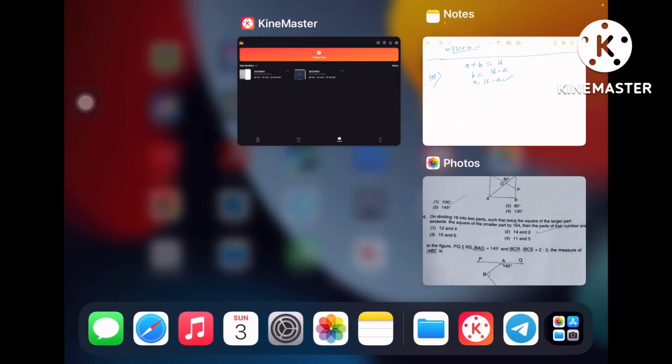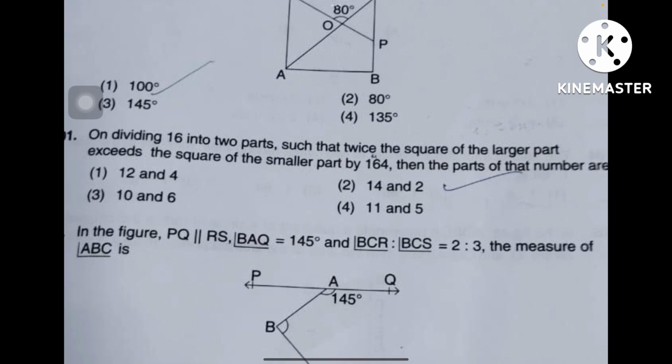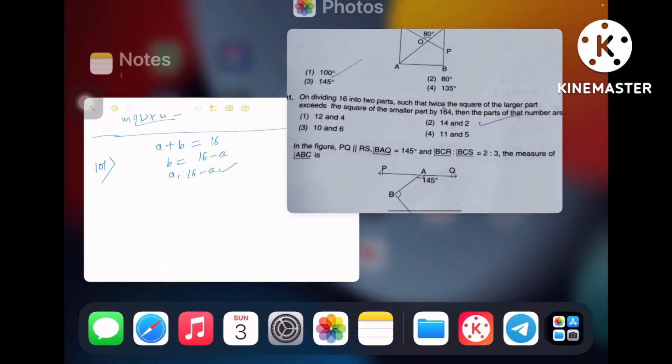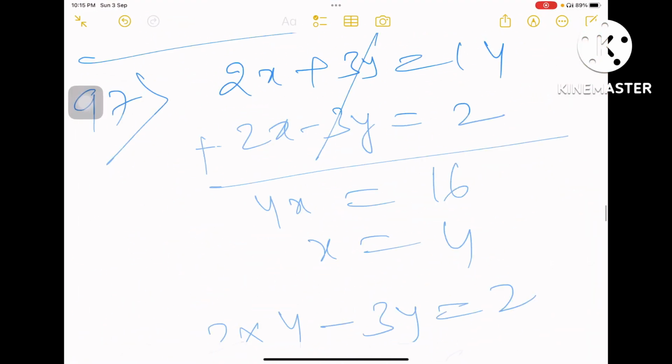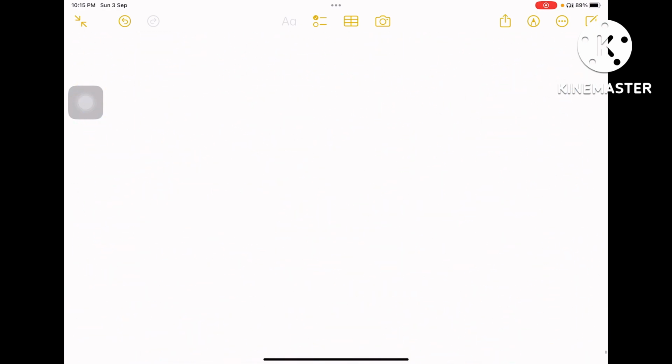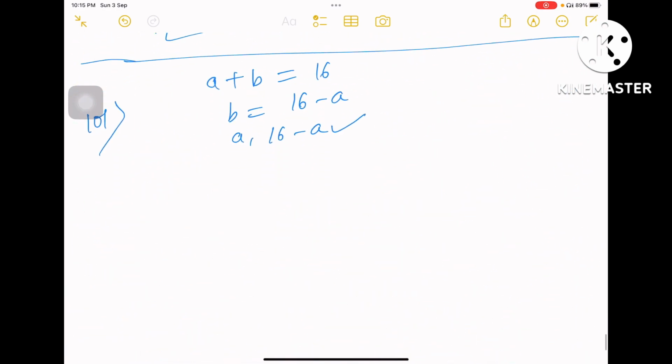So what he is asking us is that twice the square of the larger part exceeds the square of the smaller part by 164. If 16 minus A is the larger part, then twice the square of the larger part exceeds the square of the smaller part by 164.